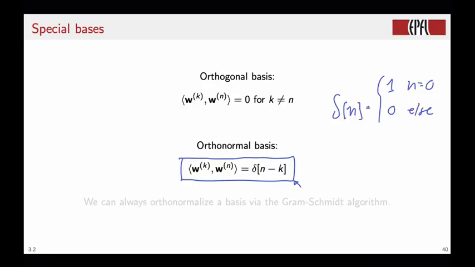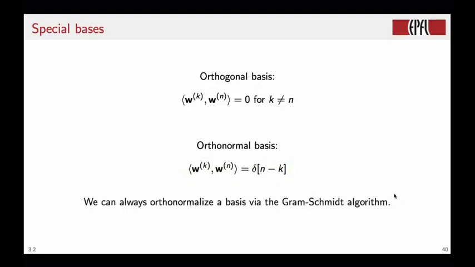If you have a basis which is not an orthonormal basis, you can always orthonormalize it using a procedure called the Gram-Schmidt algorithm. You might have heard about this algorithm, and we will review it a little bit later, maybe not in too much detail, because it's a fairly standard algorithm in numerical linear algebra and approximation.